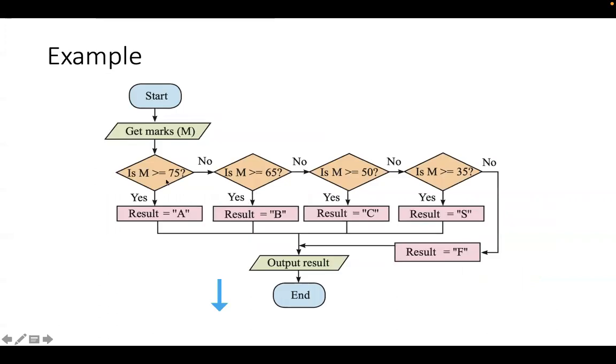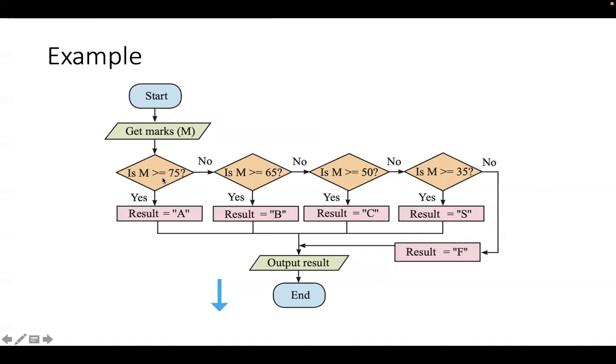In this flowchart, you can see we are starting the program and inputting some data. I mean a mark. We input some marks, and that mark is stored in the variable m, and is m greater than 75?